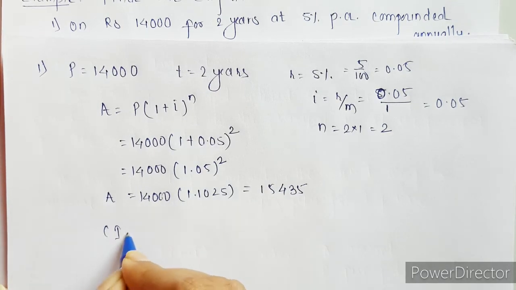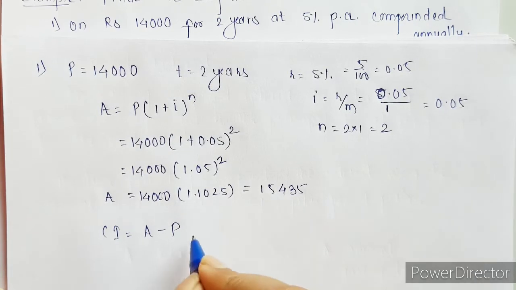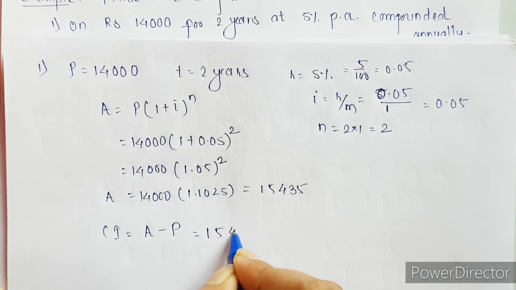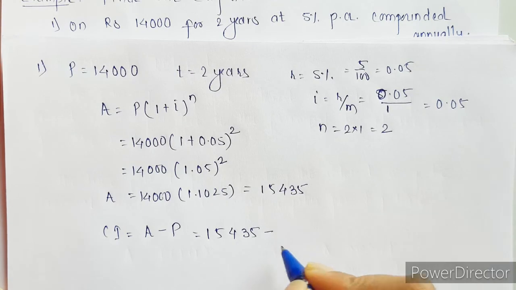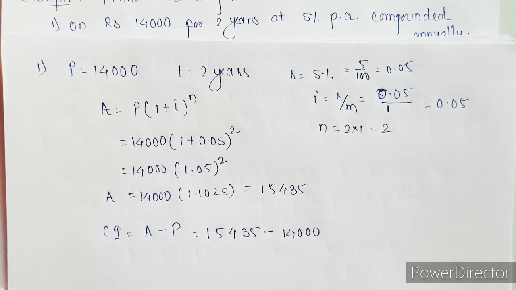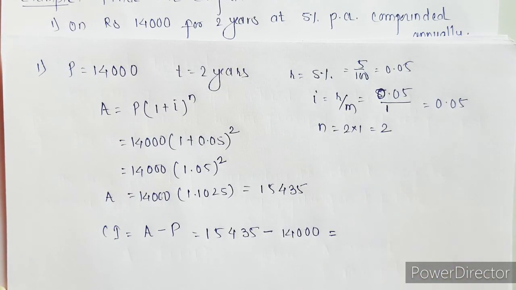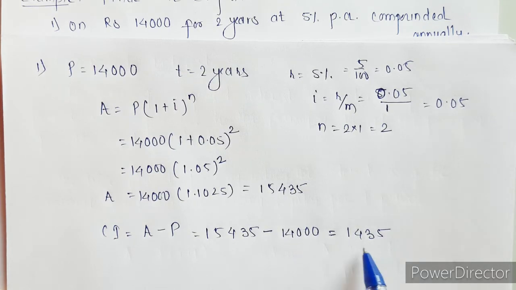How do we calculate compound interest? It is the amount minus the principal amount. The amount after 2 years is 15,435 and the amount we had invested is 14,000. So the interest we are getting here is 1,435 after 2 years on this 14,000.